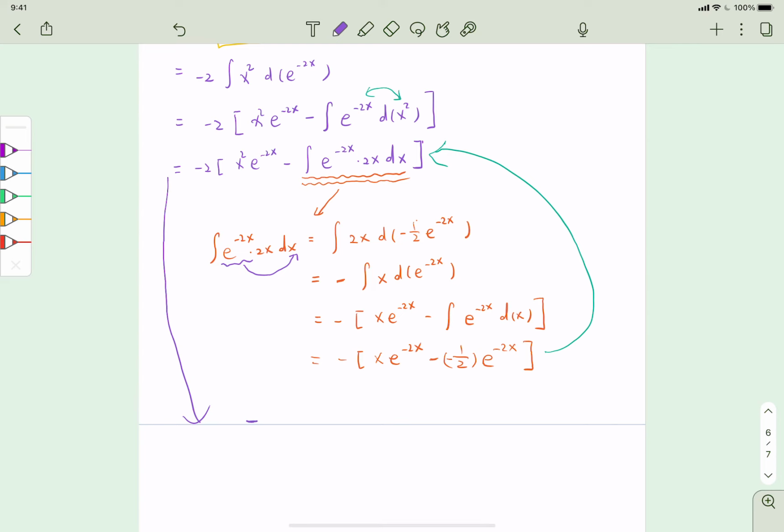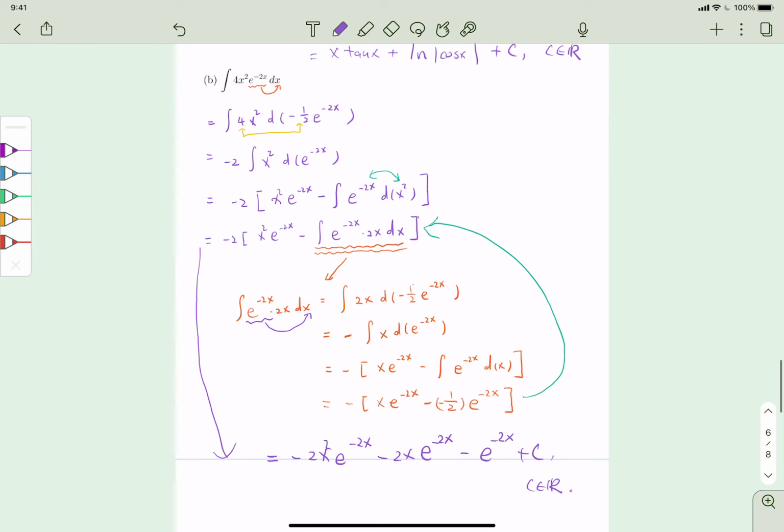Negative 2x squared e to the negative 2x, minus 2x e to the negative 2x, minus e to the negative 2x, plus c, which is complicated. But the idea should be very intuitive here.